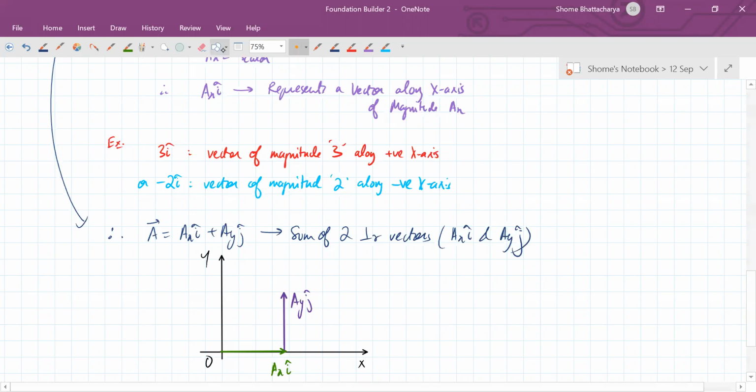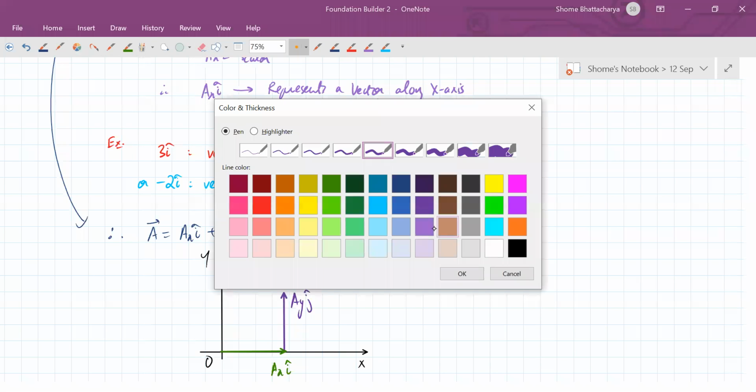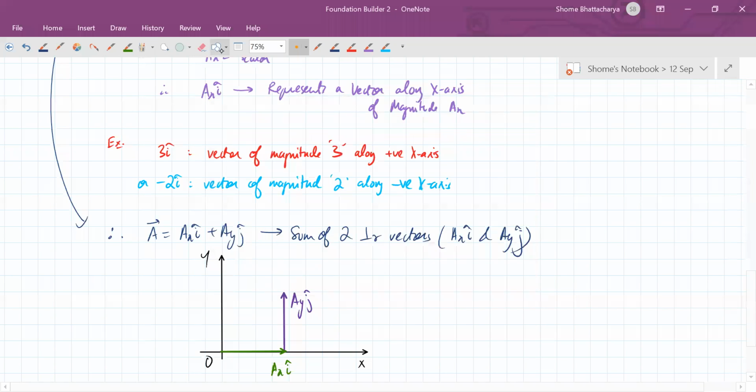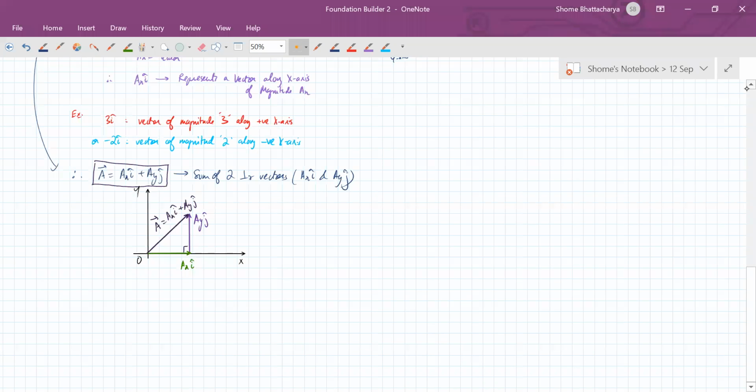Then the vector A is now this one. So you can see in this diagram, this is the vector A, which is the sum of Ax I cap, which is this base one, added to a perpendicular vector Ay j cap. So this is the meaning of this term. This term Ax I cap plus Ay j cap, geometrically its meaning is like this.